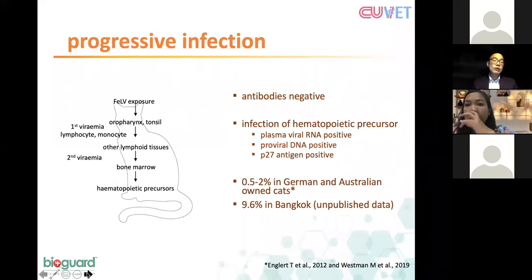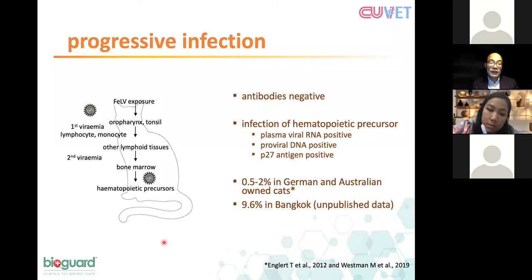The last outcome of FeLV exposure is these unfortunate cats, the progressively infected cats. Because they cannot mount an immune response strong enough to control replication, the virus continues to replicate, causing primary viremia, then secondary viremia, and gets into the bone marrow and infects hematopoietic precursors. These cats have no antibodies, so they always test antibody negative.